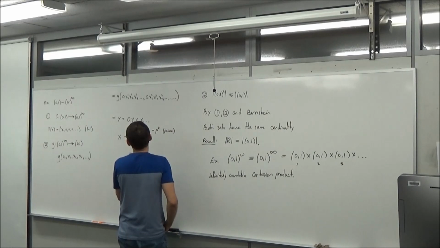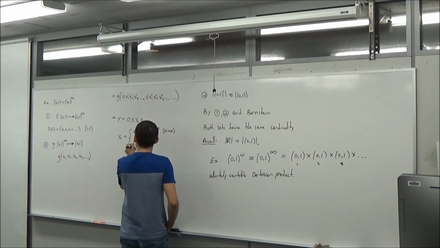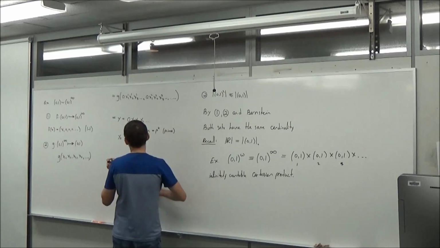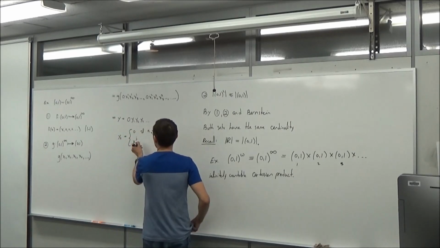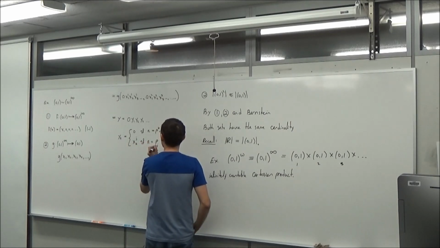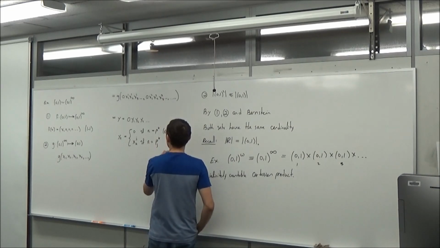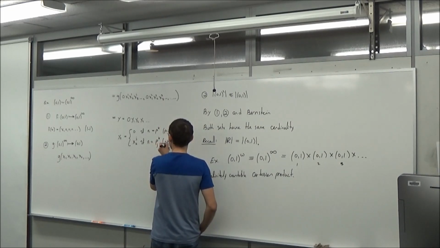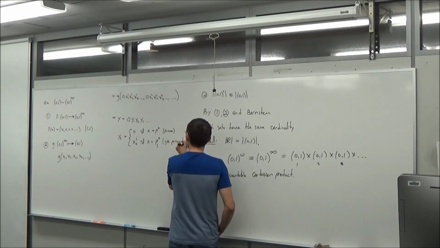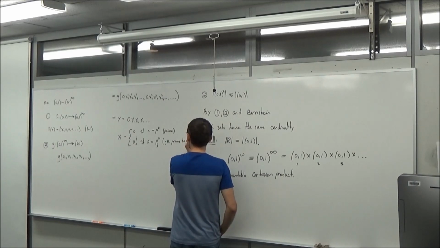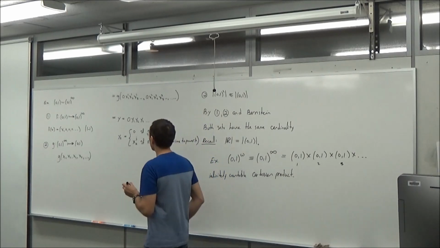Let's write it like this: y_n is x^j_k if n is the jth prime to the power of k. Okay, that's how I define it.